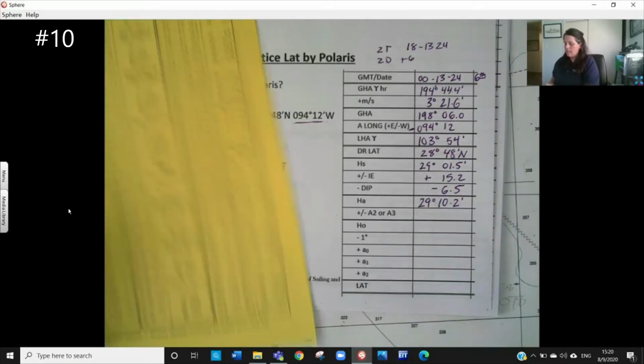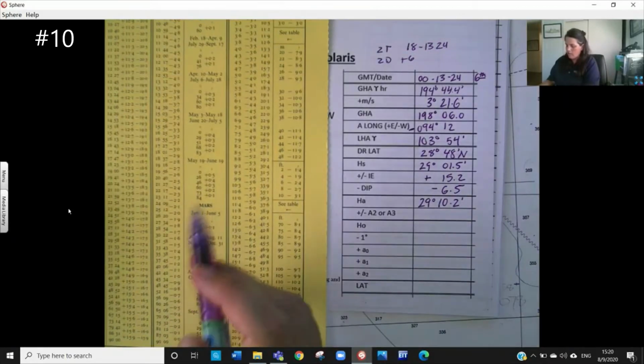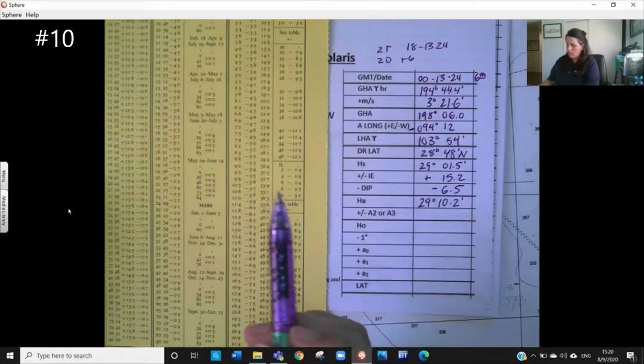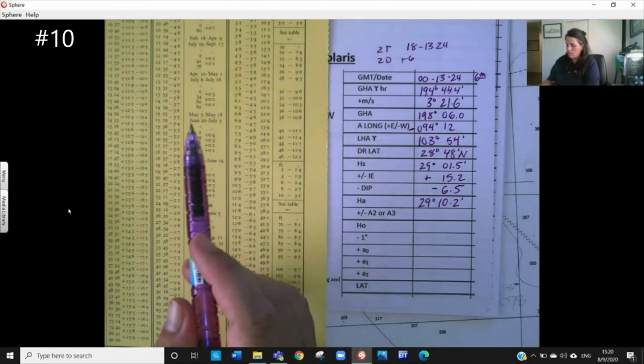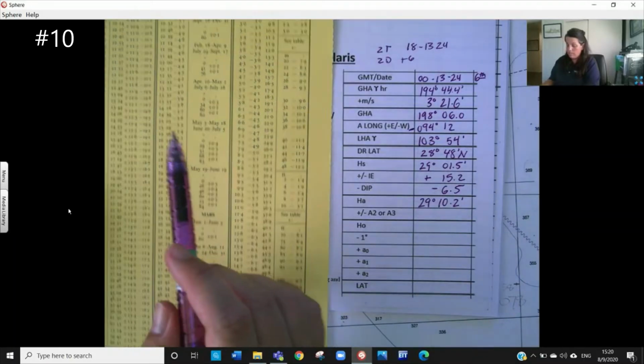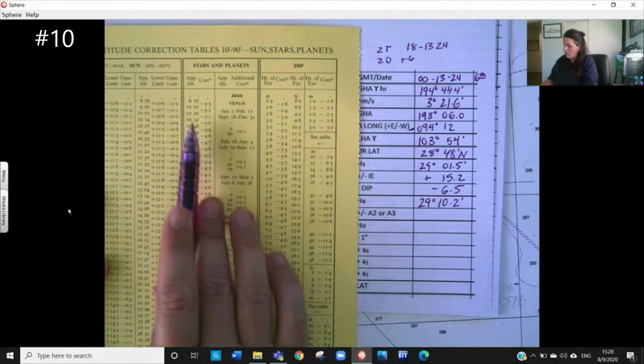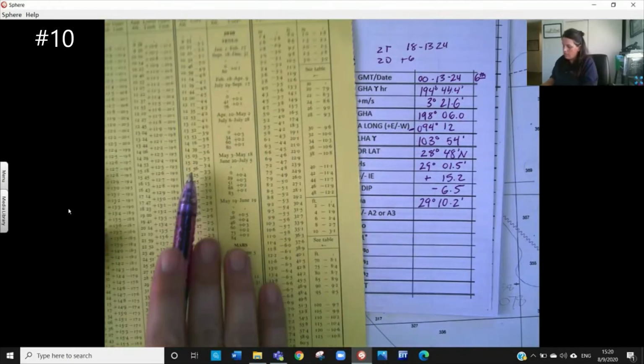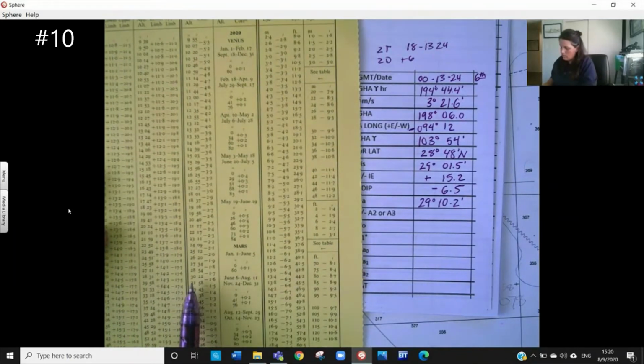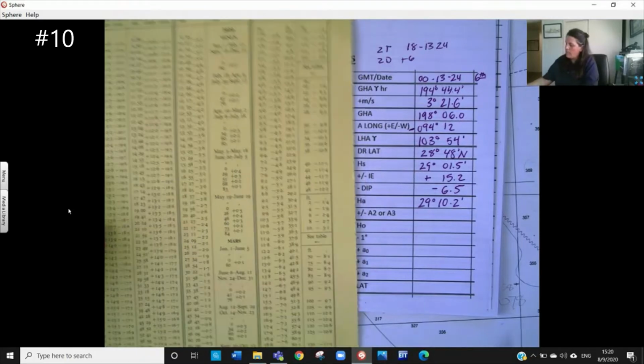Now I'm going to apply my A2 correction, which is going to be, for 29 degrees, minus 1.7.